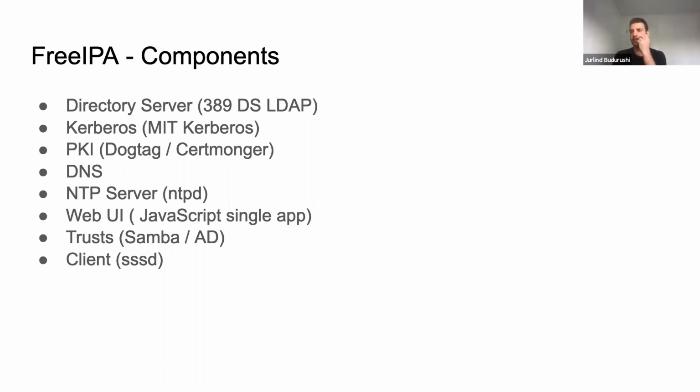Nevertheless, the SSSD is providing the sudo integration and some host based access control policies. What else do we have there? You have the SELinux user mapping. All of this is provided through the System Security Services Daemon. So this is the one that is mostly being used in general.